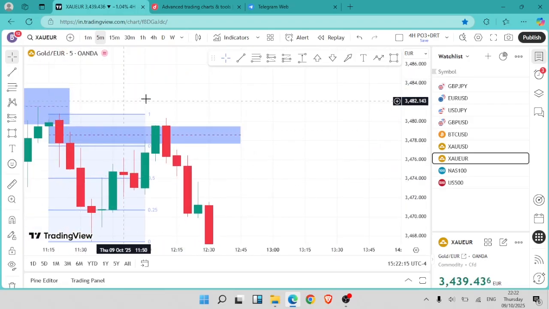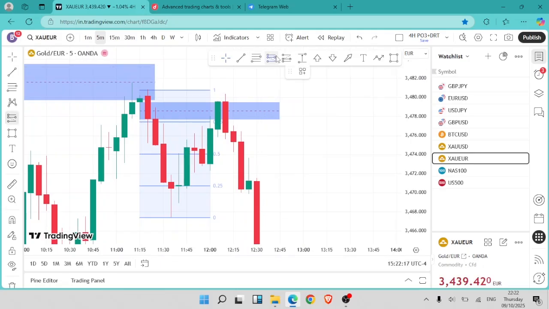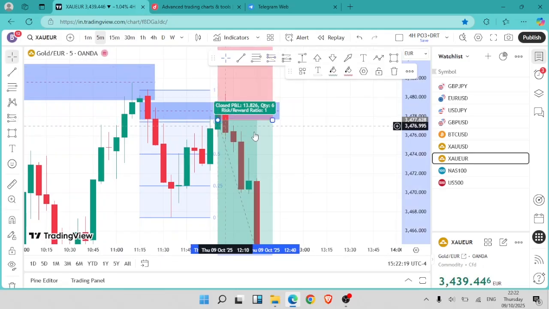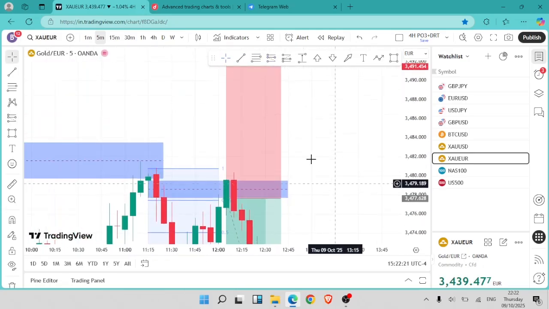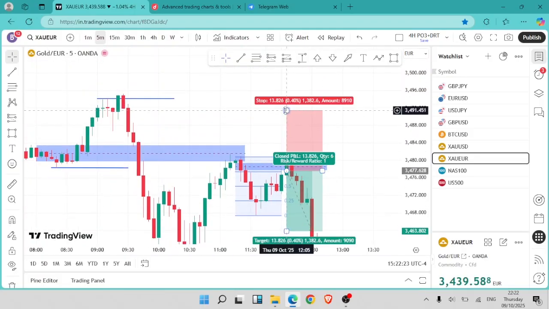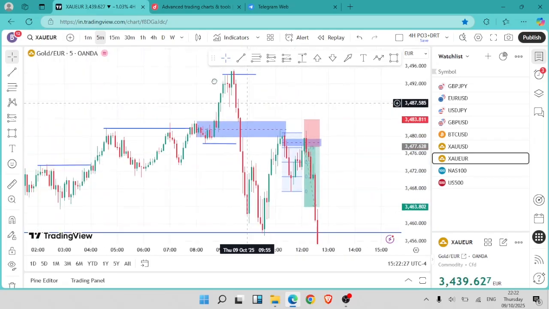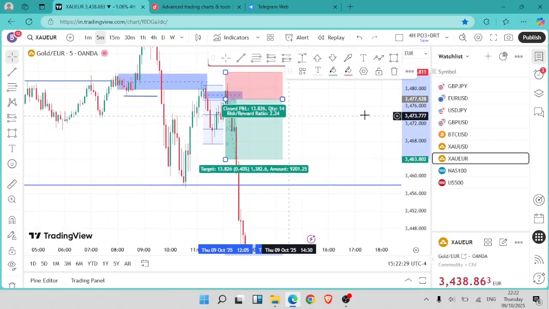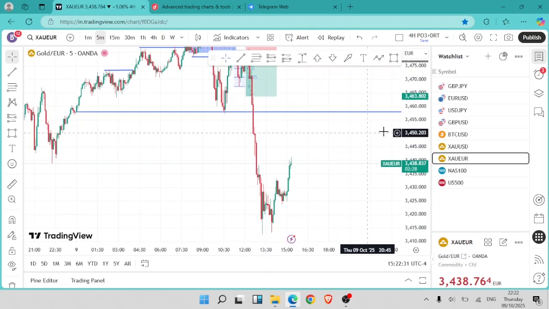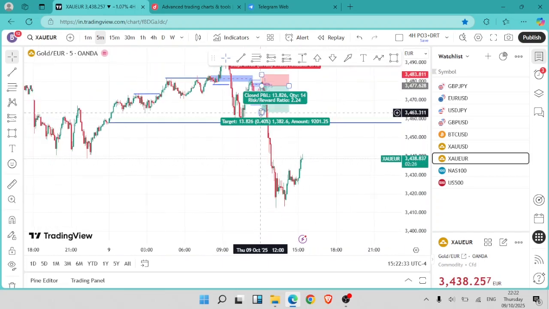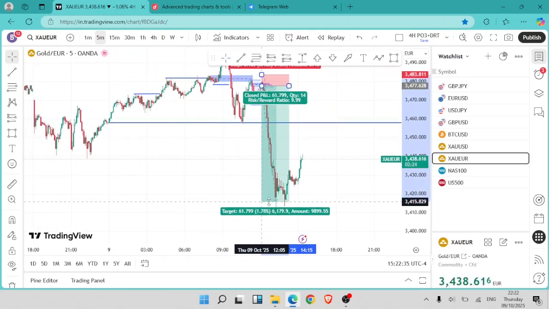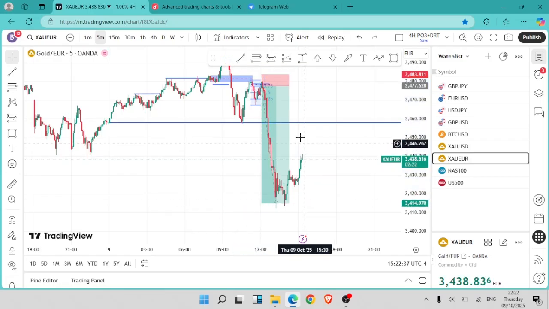At this point you want to get into this trade the moment price comes to that area, and your stops will be above this breaker block or above that fair value gap, and then you will target 1 to 10 or 1 to 7, whichever. This one gave us up to 1 to 10.